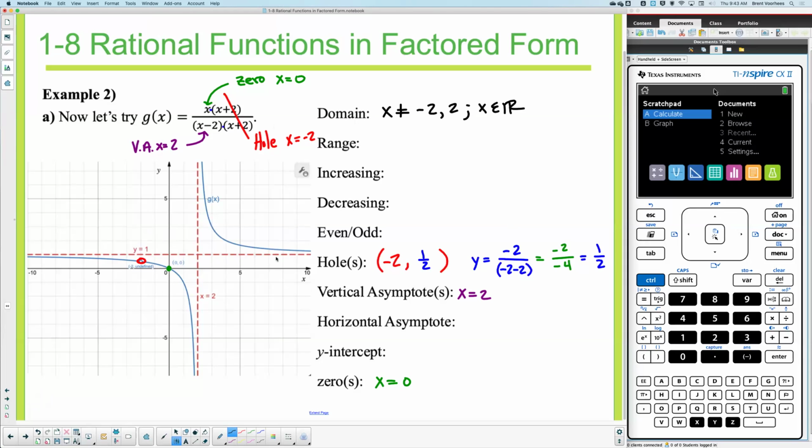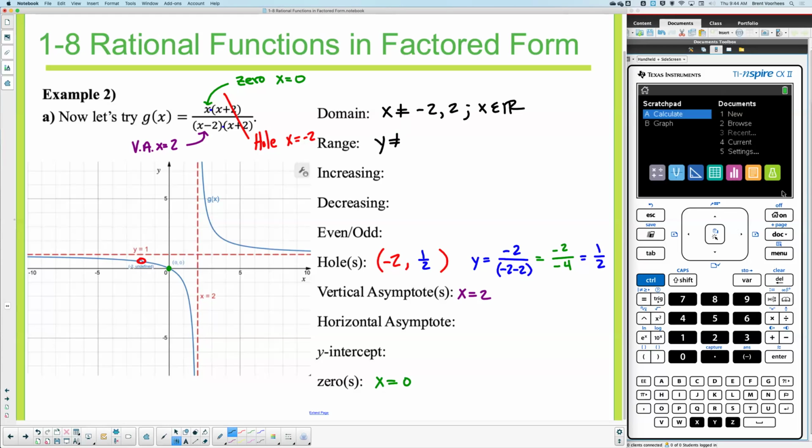Now on this range, since we did a range example ago, I'm going to let you tell me about the range. Do we hit all reals? Do I go down forever? Yes. Do I go up forever? No, I have a break here and I have a break here at the hole. So the range is going to have 2 breaks. It's going to be written this way.